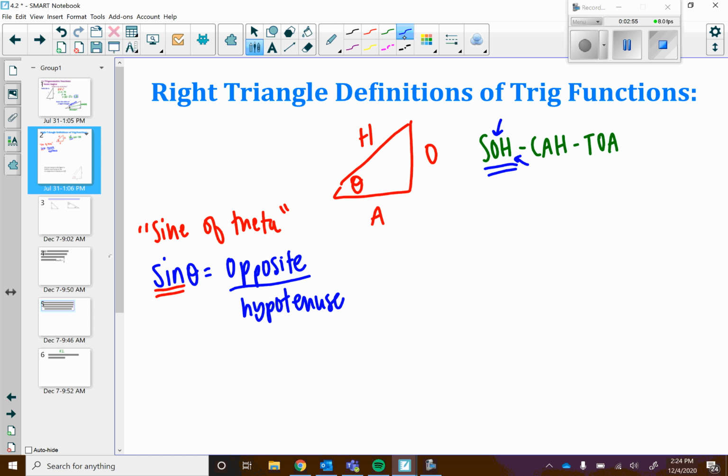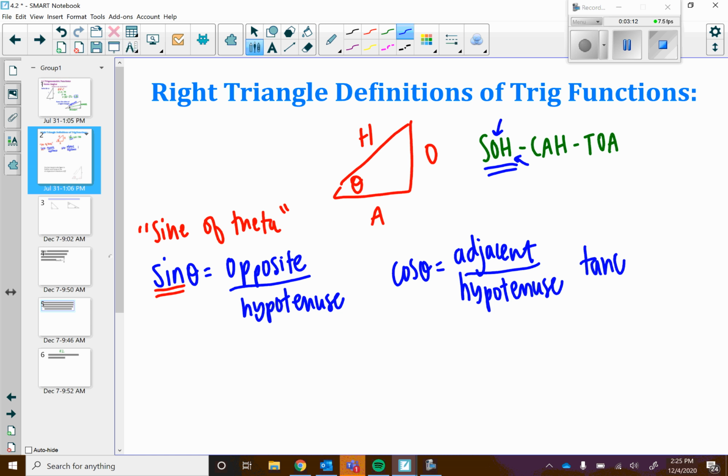Then we have cosine of theta is equal to adjacent over hypotenuse. And then we have tangent of theta, TOA. Tangent of theta is equal to opposite over adjacent. These are ratios that we are using, and sorry that I didn't write out the full words of opposite and adjacent.